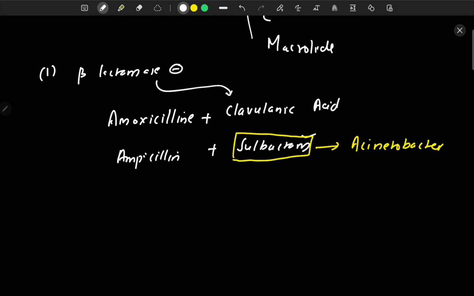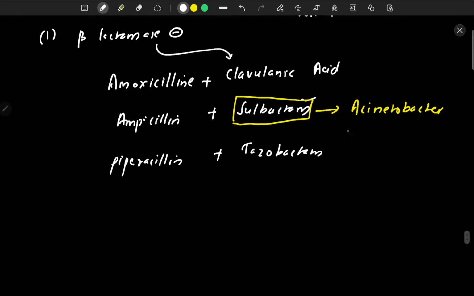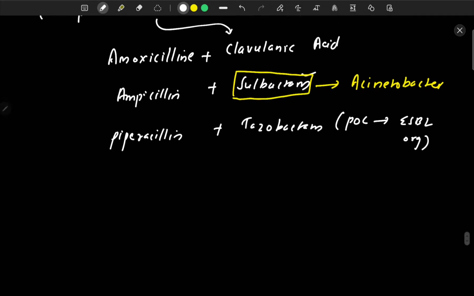Piperacillin we can use with tazobactam. This is the penicillin of choice for ESBL organisms, that is extended spectrum beta lactamase organisms.